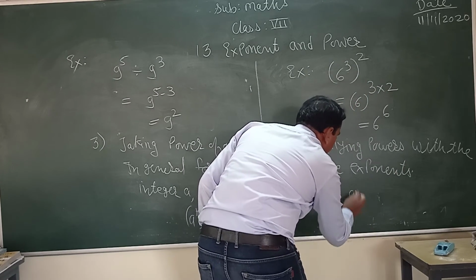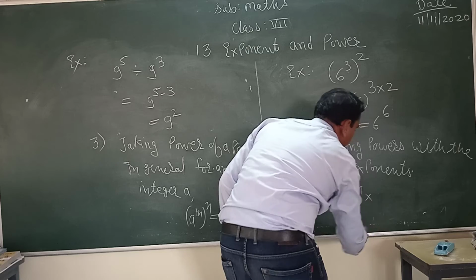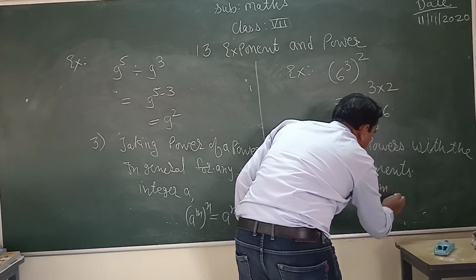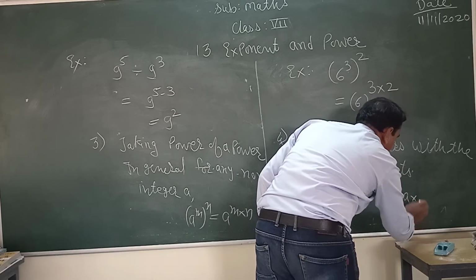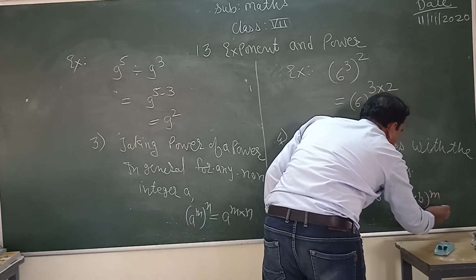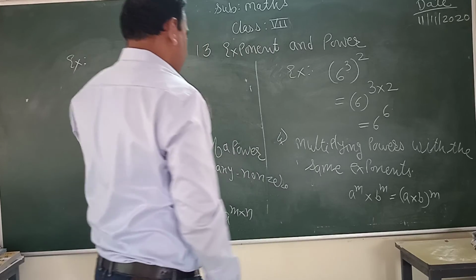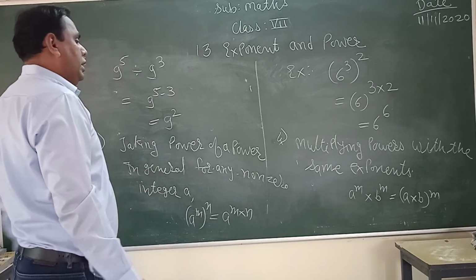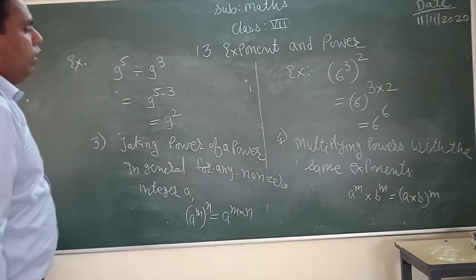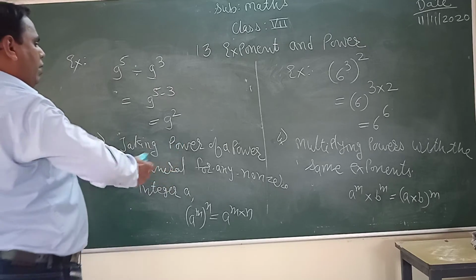Here the law is a to the power n into b to the power n is equal to a into b, bracket, to the power n. Here the base is different, friends. a and b are two bases, and here only one power, n, is there.